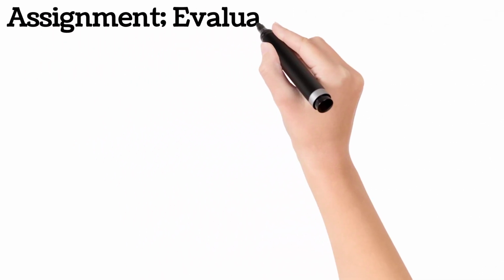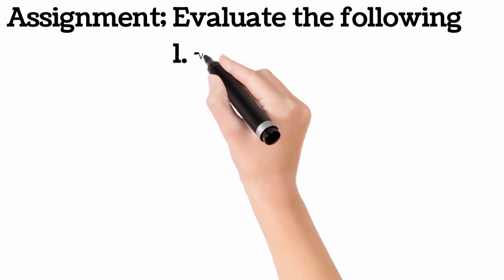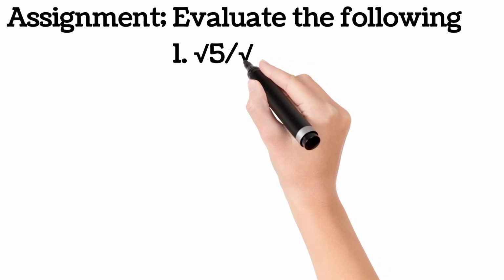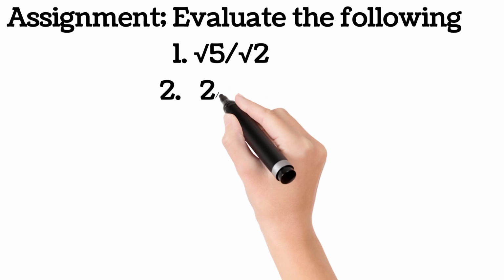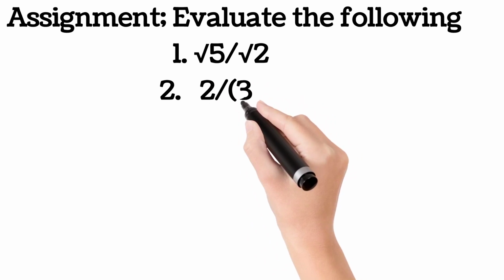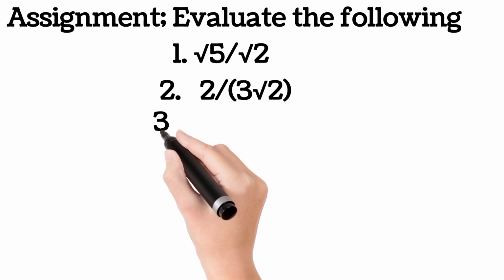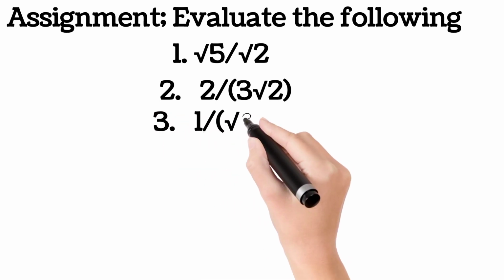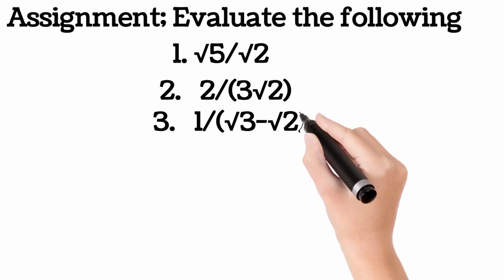Assignment. Evaluate the following. Number 1, root 5 all over root 2. Number 2, 2 over, open a bracket, 3 root 2. Number 3, 1 all over, open a bracket, root 3 minus root 2.